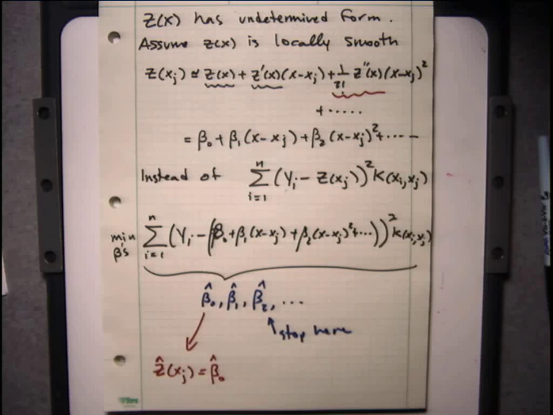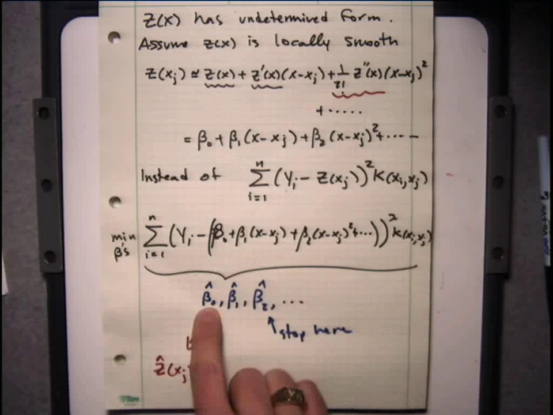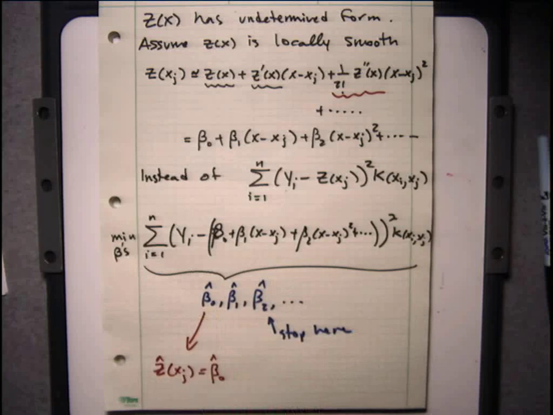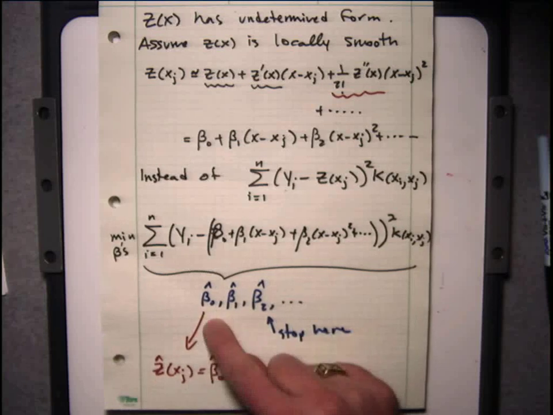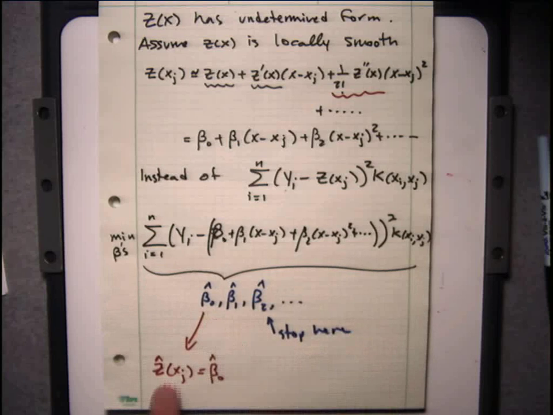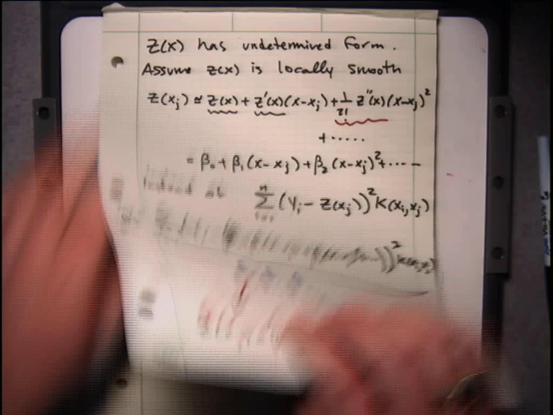Whereas in the next case, this one, you're assuming that the signal is actually locally a line, or locally a quadratic, or locally a cubic. You're fitting that function, and then you're keeping the value of that cubic, or that quadratic, or that line at that position. So this beta hat 0 is not the same thing as the estimate that you got before. Okay? I can show you a picture of how these two are different. Maybe that'll be a little bit more illuminating. So let me show you.